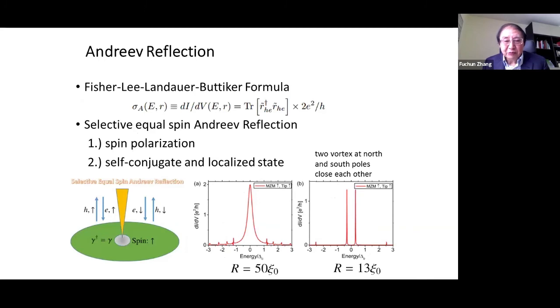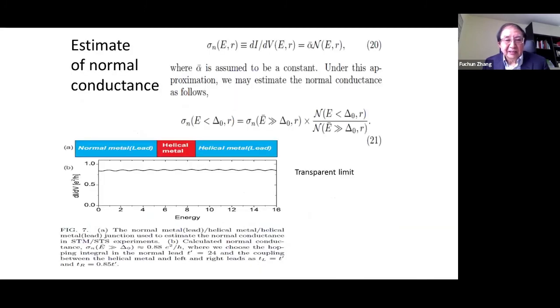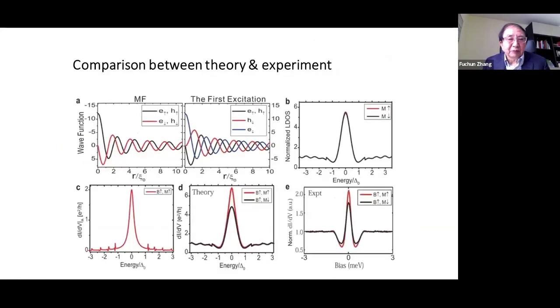Then for the angular refraction part, I just show you the result. We can calculate it, and it's completely spin polarized. So we can combine the two contributions to the tunneling conductance.